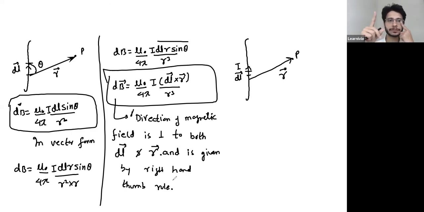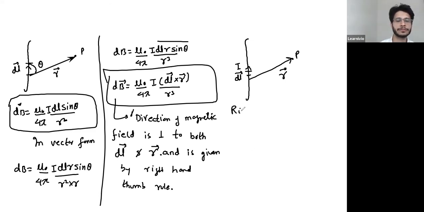Throughout magnetics and electromagnetic induction, in the whole discussion, I will never use Fleming's left hand rule or right hand rule. We will always use the right hand thumb rule.